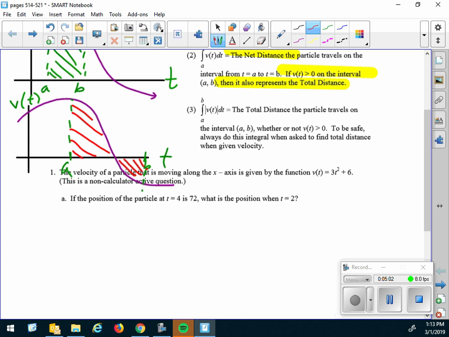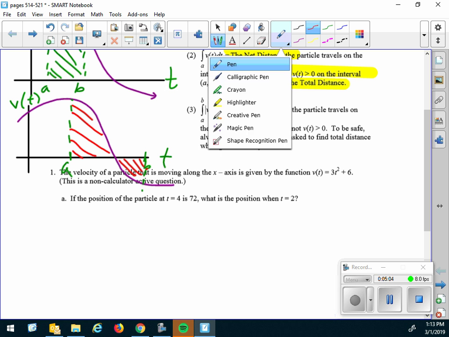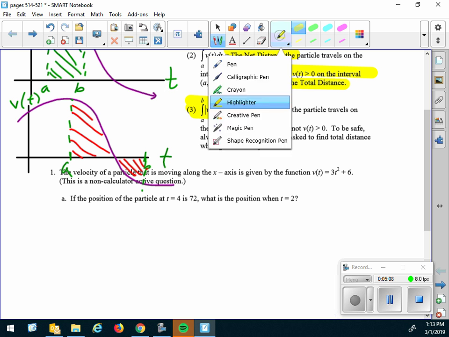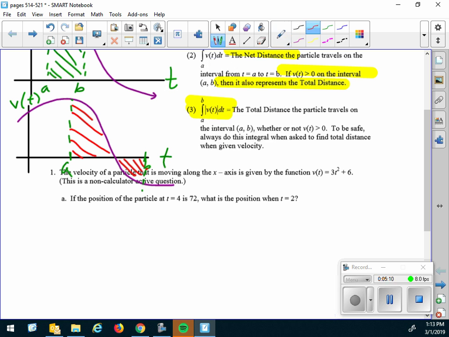Total distance the particle travels, it's going to be determined. Now I want you to look at that. If I just add those two pieces up, I'm not going to get my total distance traveled, am I? Why not? Right, because one's negative and one's positive. So the way you deal with that is you get a color.